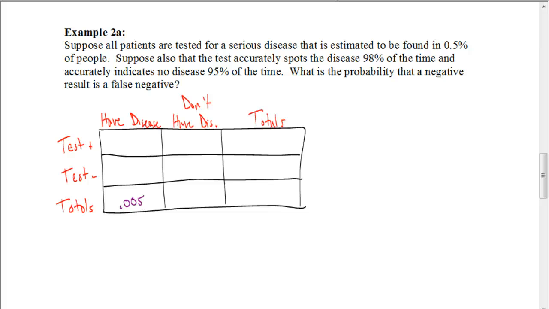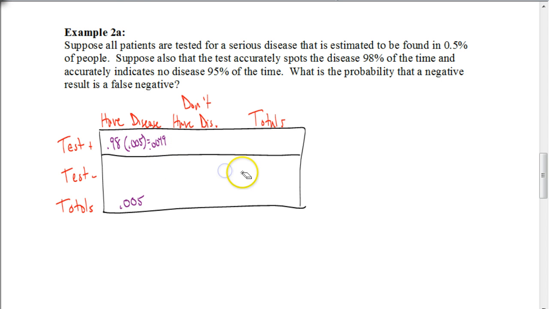Also, the test accurately spots the disease 98% of the time. So what we would do is take 0.98 times 0.005, and that would tell us our answer here, which is 0.0049.